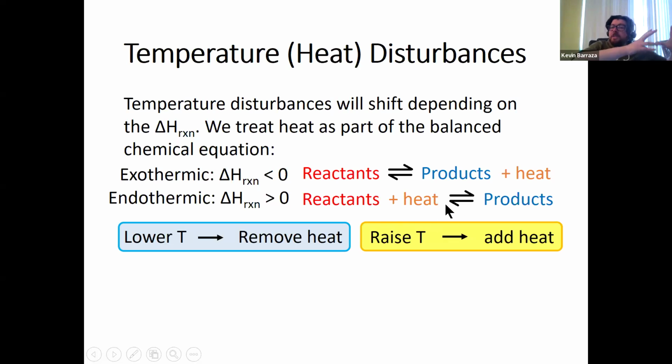The reaction needs to use up that side. It will shift to products to make that happen. And so that's the basic idea. It depends on whether it's exothermic or endothermic. And we treat heat or temperature changes as if we're adding to one side or taking away from one side.